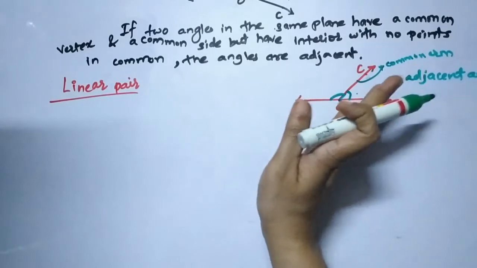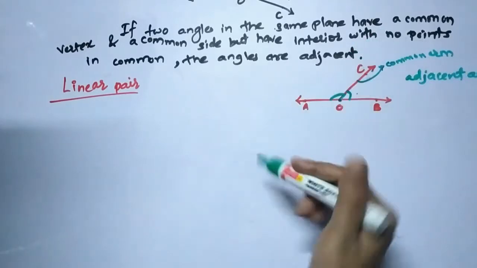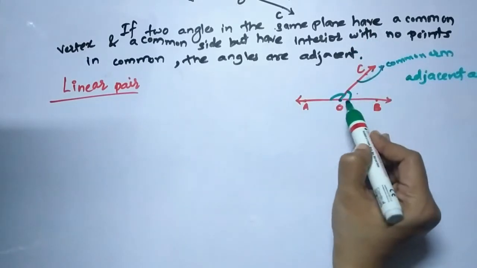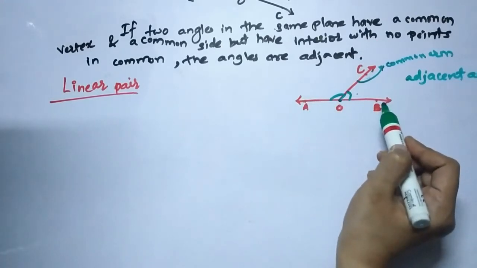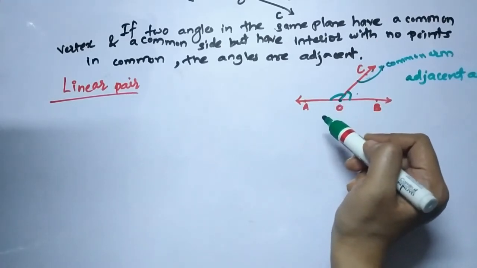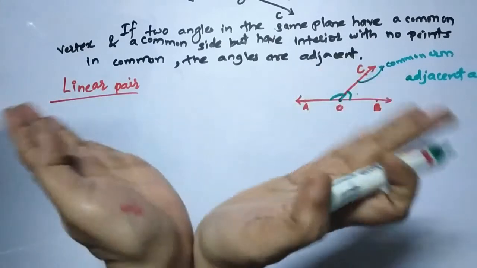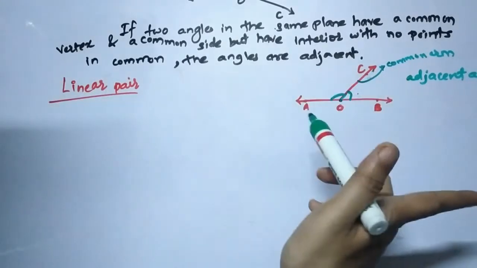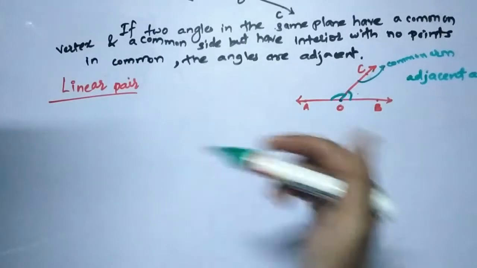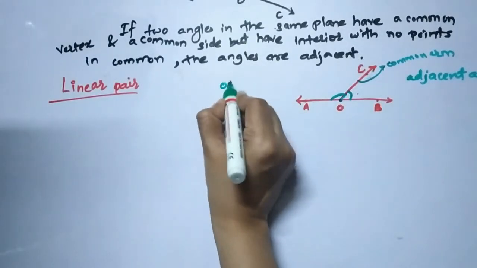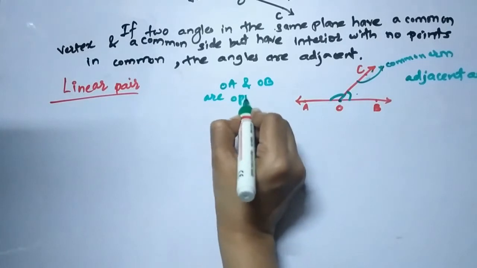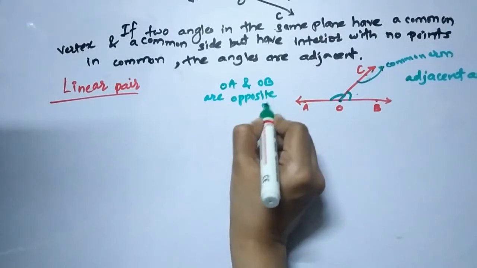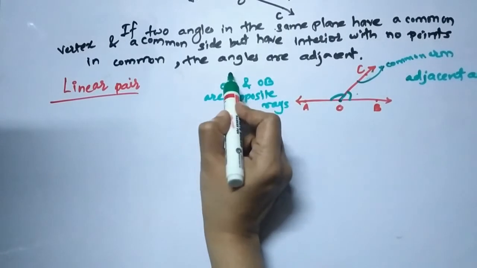Common arm means which is present in this angle also and this angle also. And you can see here these two are non-common arms, OA and OB. And if you see it carefully, they are opposite rays. Opposite rays means one is going in this direction, and the other is going in the opposite direction. So you can say here OA and OB are opposite rays.